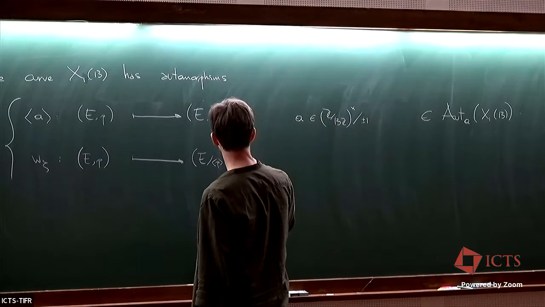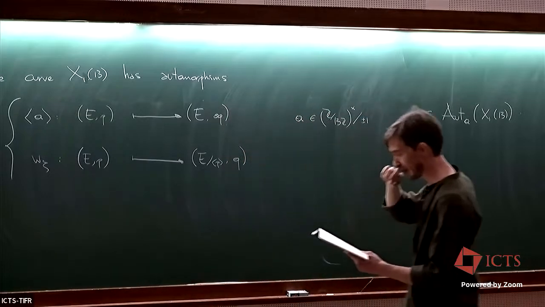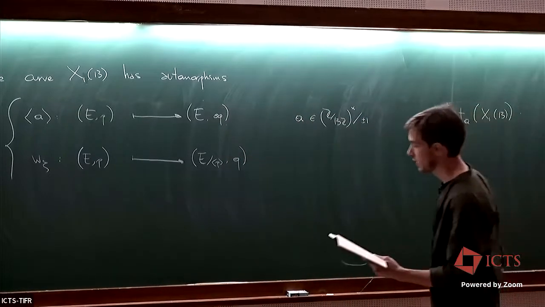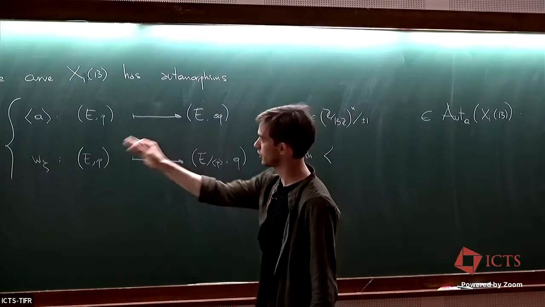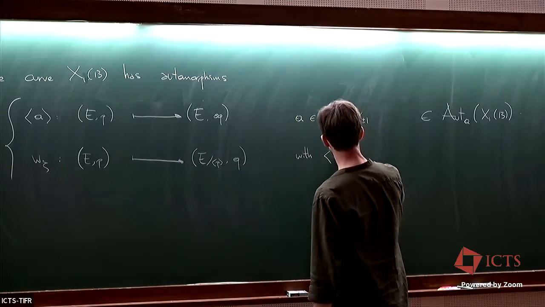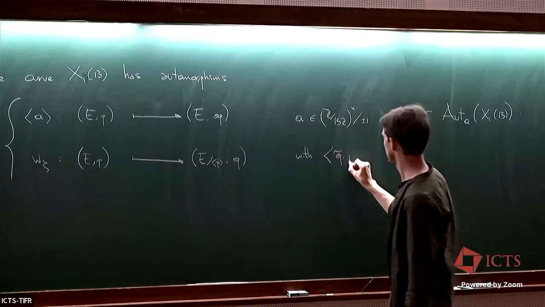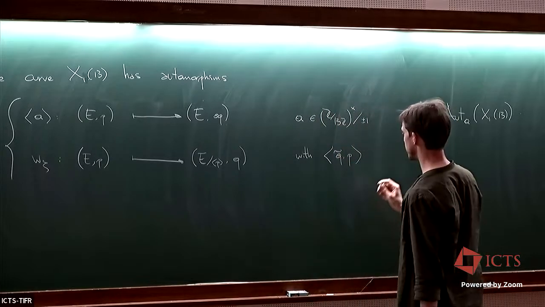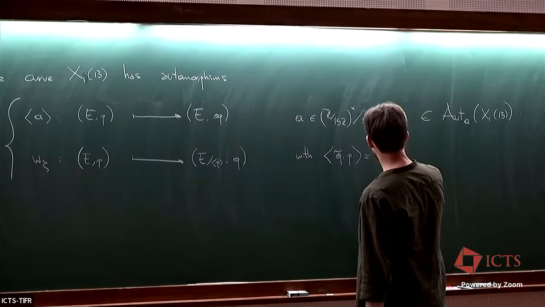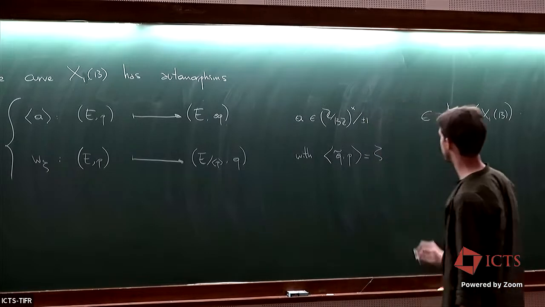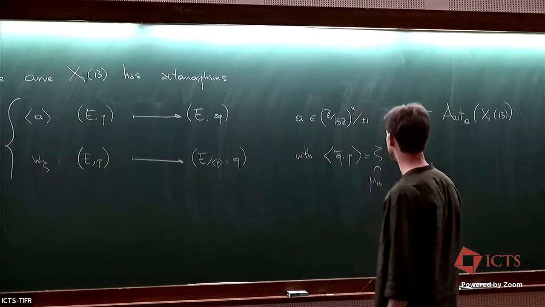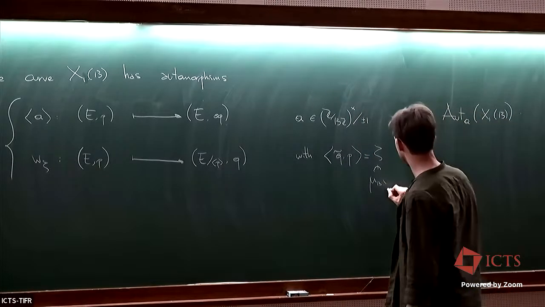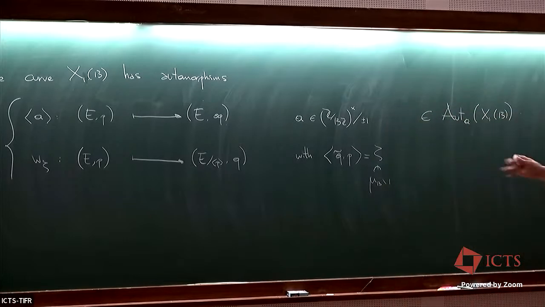So I'm going to pick Q, where Q is determined by the demand that on the original curve, if I lifted it, Q tilde and P, and it doesn't matter which lift we take, had Weil pairing equal to zeta, where zeta is an element of mu 13, again not 0, not 1, and again up to inversion. If you invert it, you'll get the same point by the same reason.